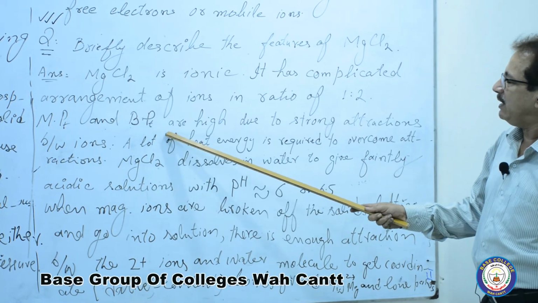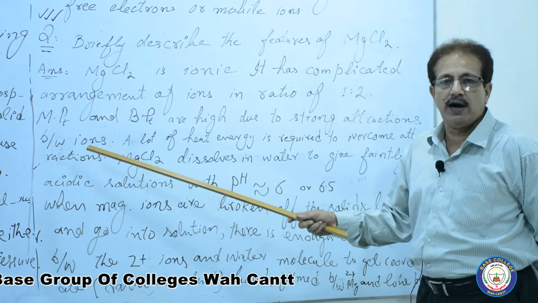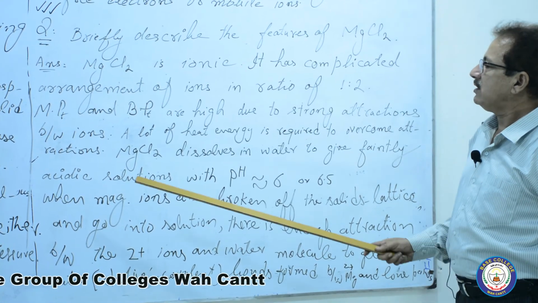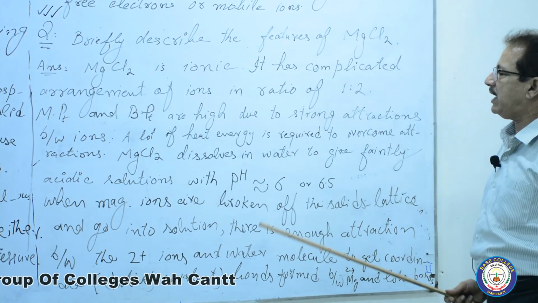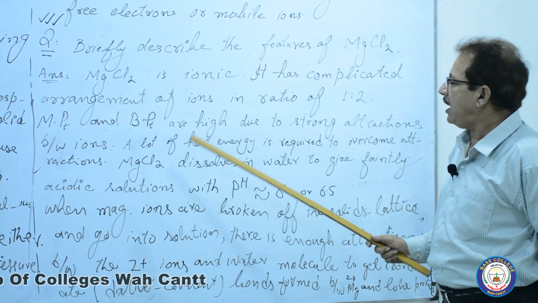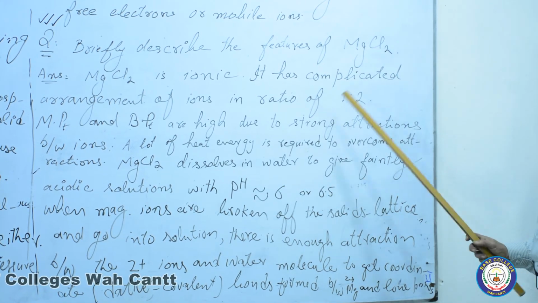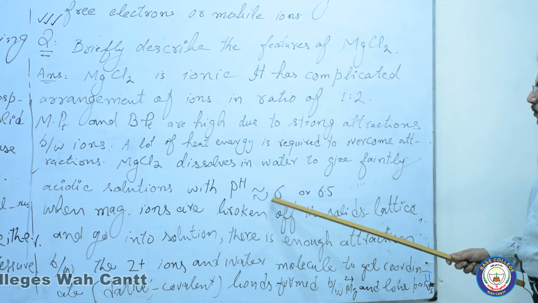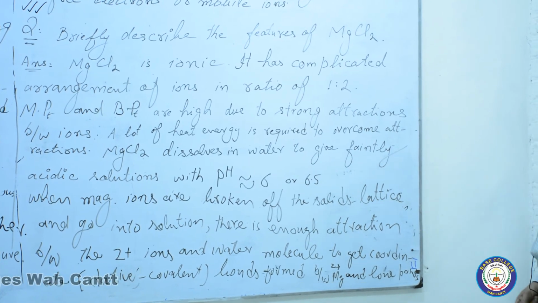Melting points and boiling points are high due to strong attractions between the ions. The attractions are very strong, therefore a lot of heat energy is required to overcome them. That's why their melting and boiling points are very high. Now magnesium chloride dissolves in water to give a faintly acidic solution with pH approximately equal to 6, or sometimes you will find it 6.5.